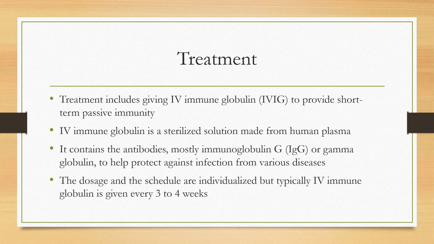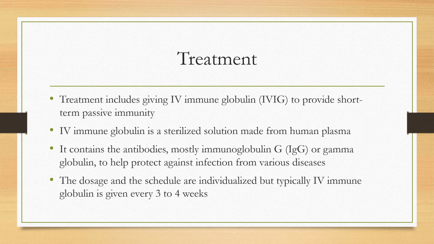Treatment. So what are we going to do for these clients? Treatment will include giving IV immunoglobulin, IVIG, to provide short-term passive immunity. IV immunoglobulin is a sterilized solution made from human plasma.